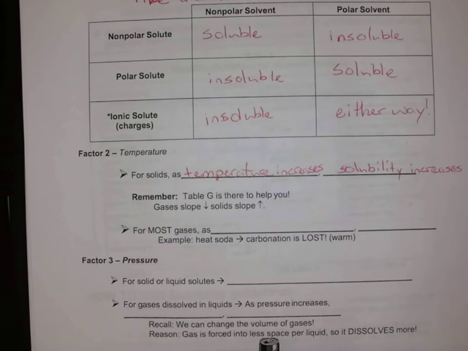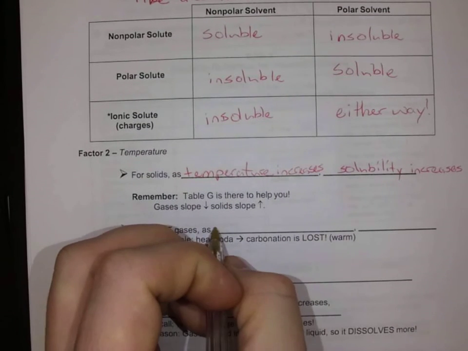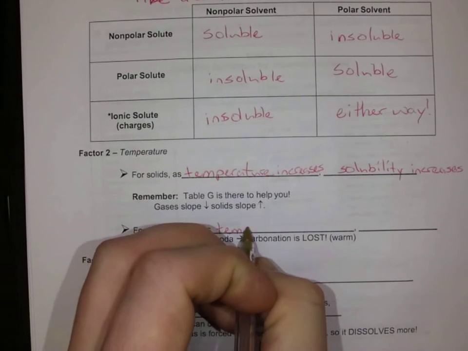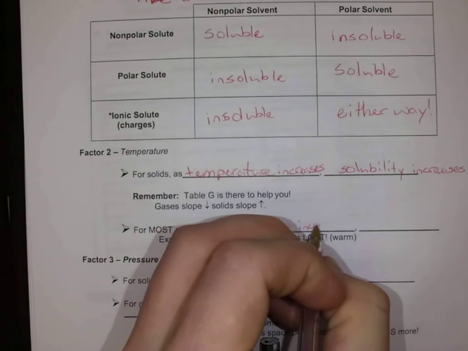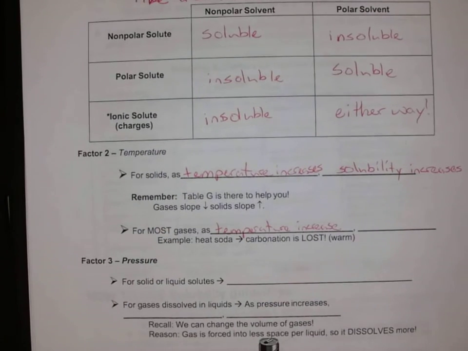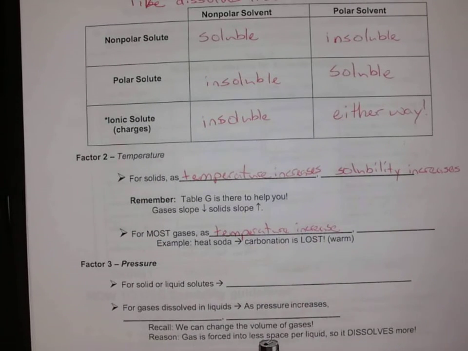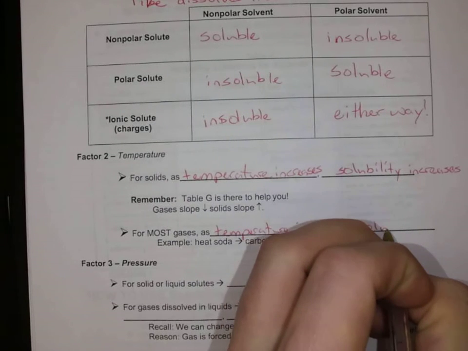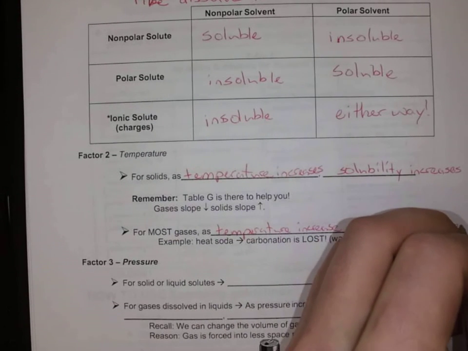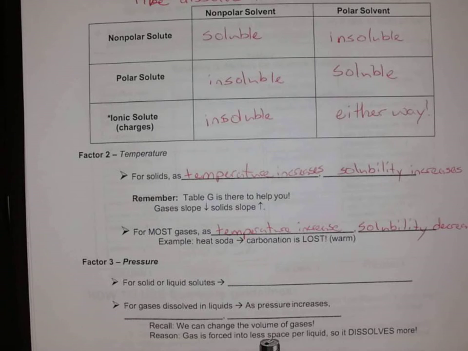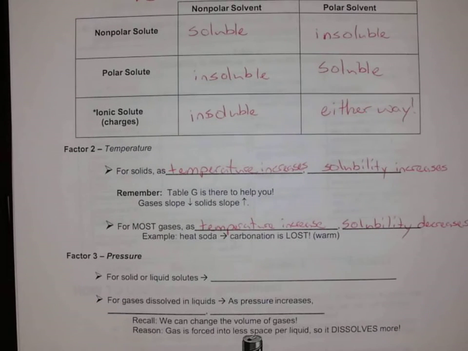If we think about gases, again as the temperature increases, the solubility is actually going to decrease. The solubility decreases because we're going to increase the temperature and give them some energy, but we're giving that energy to gas molecules as well.